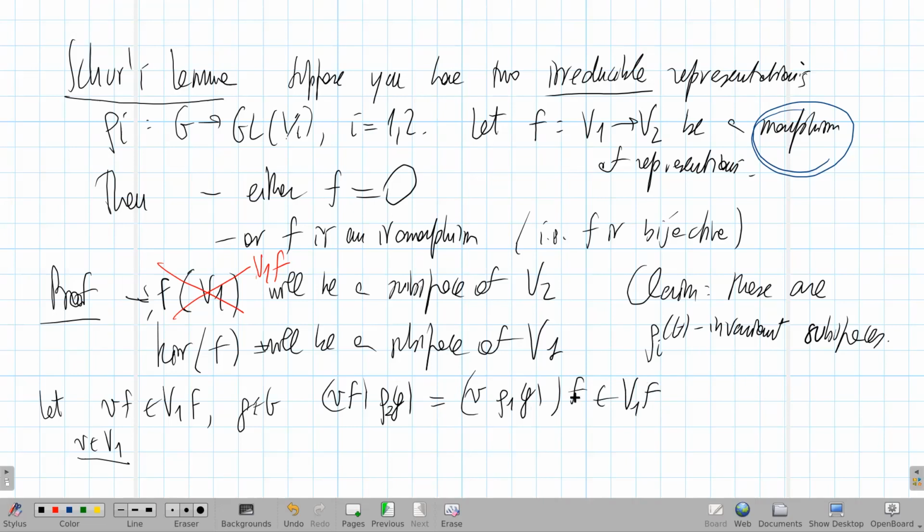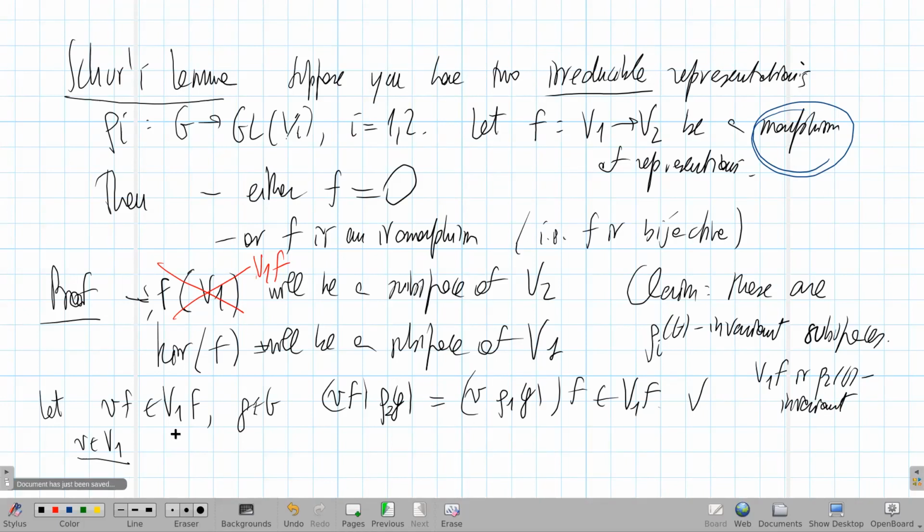It's an image under F of an element here. So this means that if you take an element in the image and you apply rho 2, you get an element in the image. So V1F is rho 2 of g invariant. I'm making more precise what I wrote here.